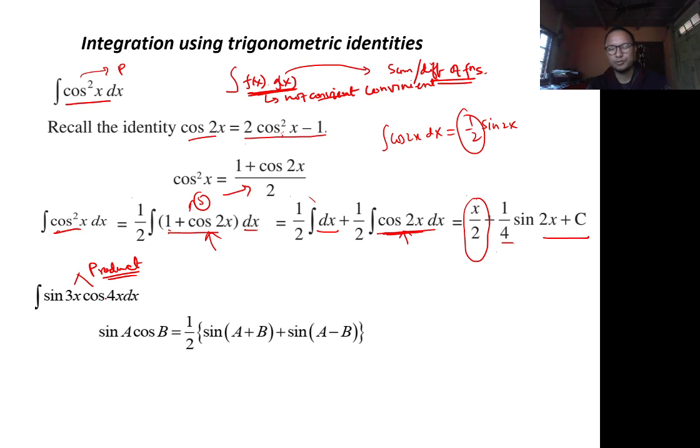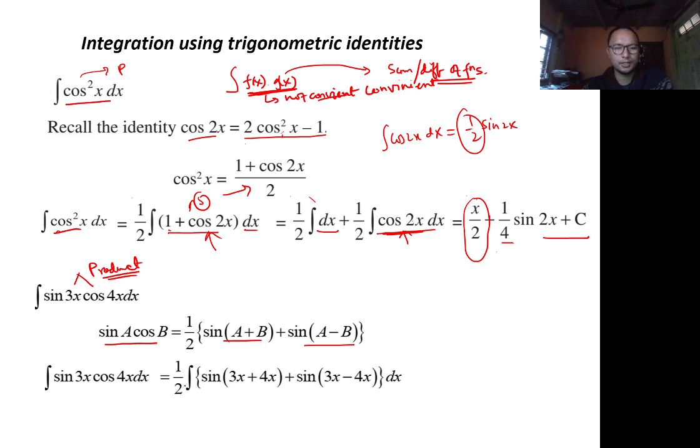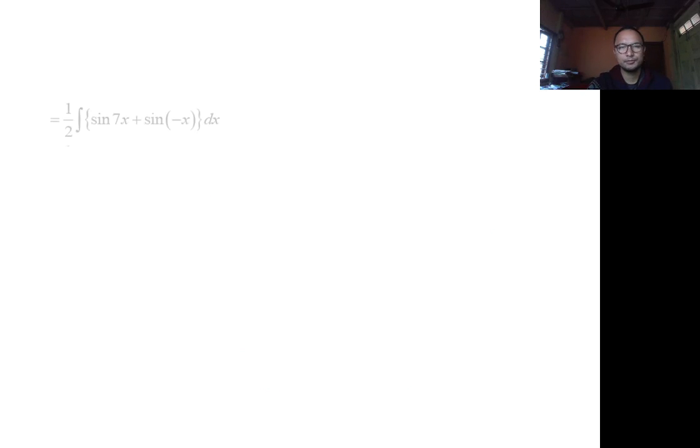The formula is sin a cos b equals half of sin(a plus b) plus sin(a minus b). Let's take 3x as a and 4x as b. I'm just using the formula.